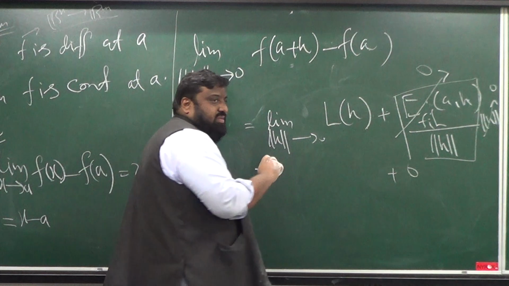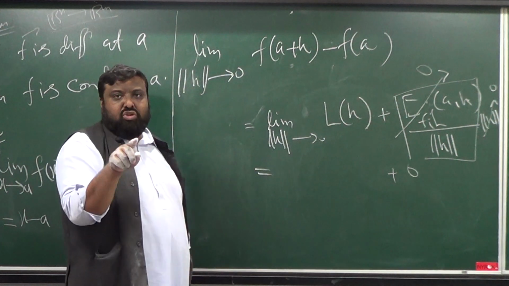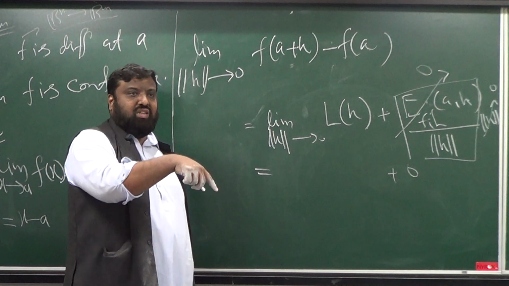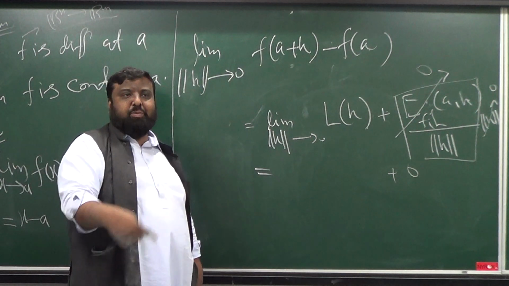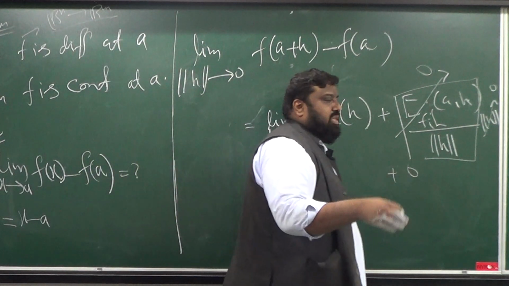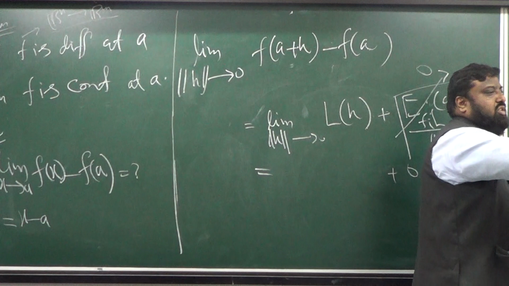How about this one? If the norm of h goes to 0, that means h is tending to become the 0 vector. We know the first property that you learn when you learn linear transformations: a linear transformation always maps 0 onto 0.